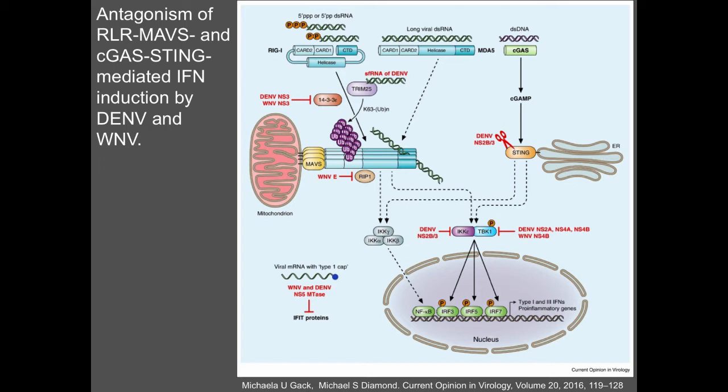And then there's also an ER-resident molecule called STING that also feeds into the same pathway. So basically you have all these things which are surveying the cell for patterns associated with viral infection. There are ones for bacterial infection and all sorts of things as well. And then activation of those triggers this antiviral response.